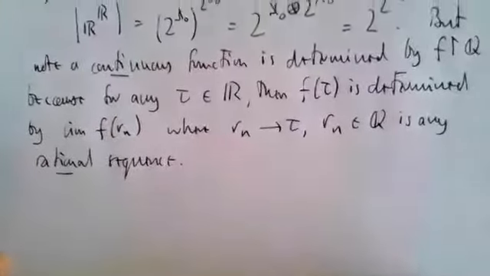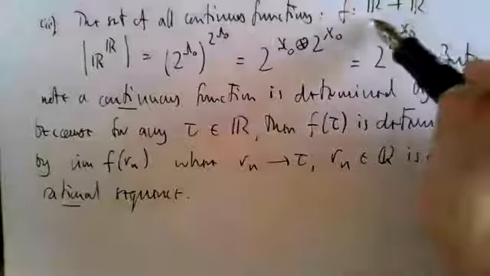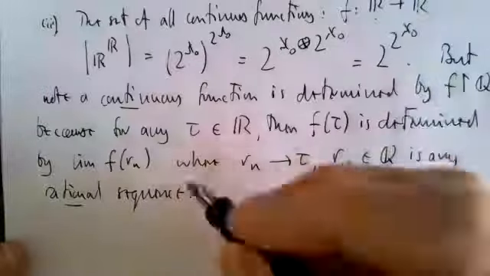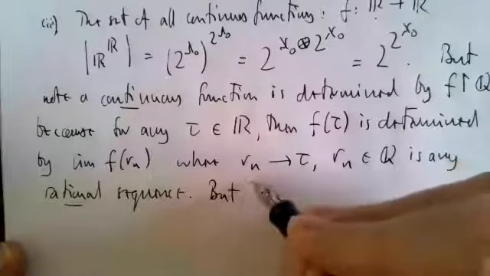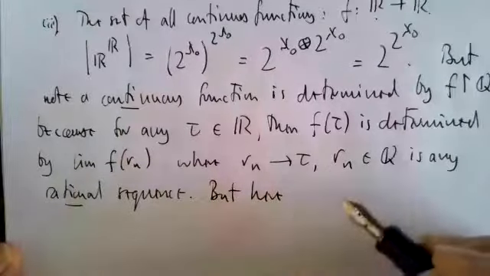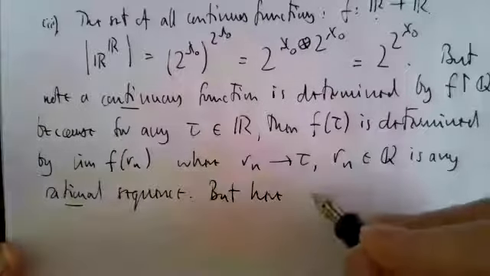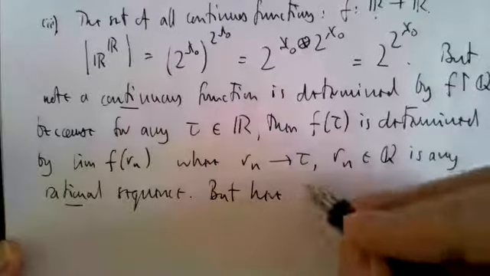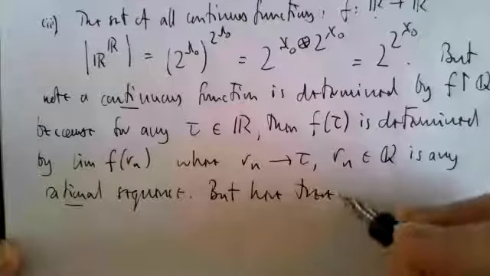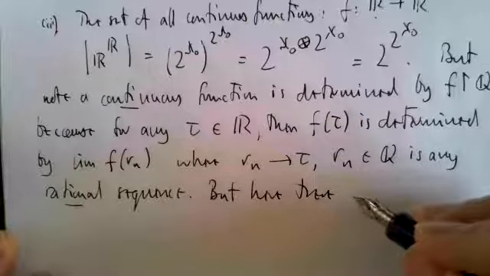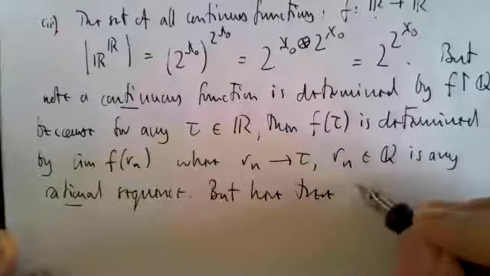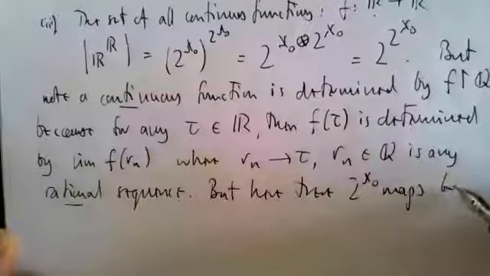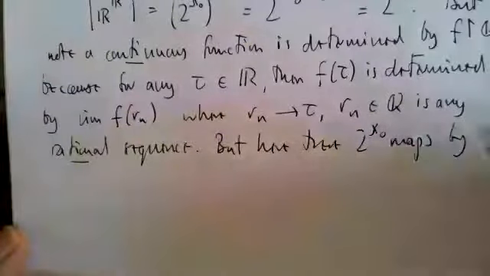So it's almost like a trick question. The continuous functions are determined by their restriction to rationals. But here then, there are 2 to the Aleph 0 such maps, by the first part.